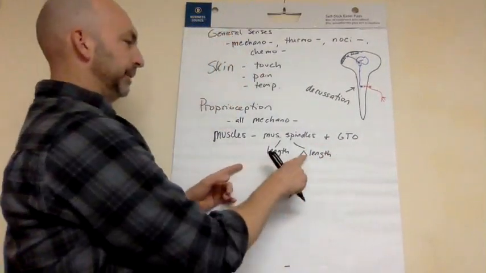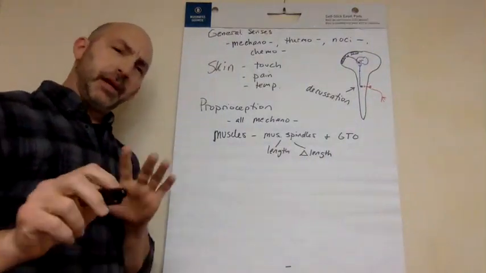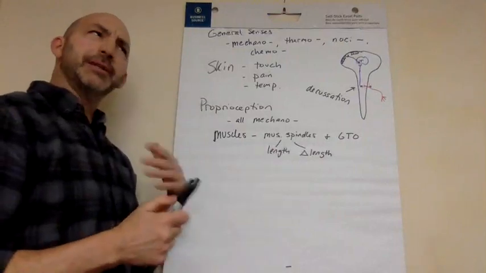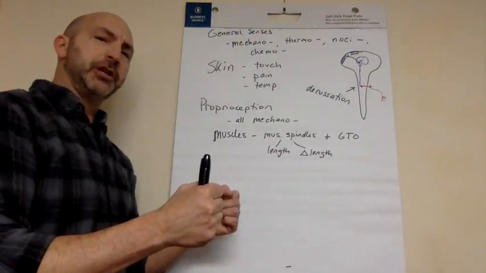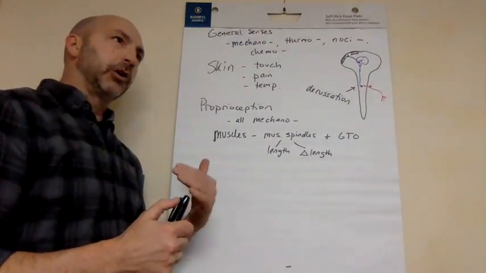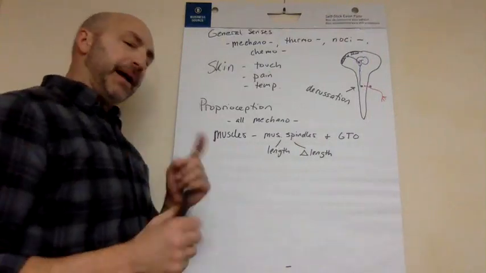Remember, delta means change in. So this is interesting because length means what we call static length. In other words, if you're sitting there in the same position, you don't stop recognizing where your limbs are in space, right? Aha, this gets back to the adaptation.